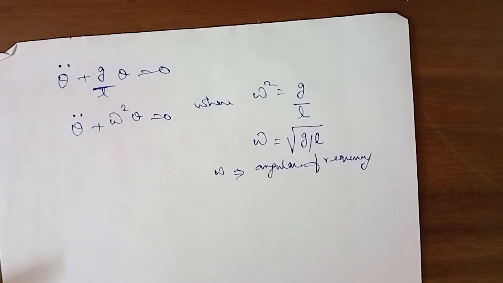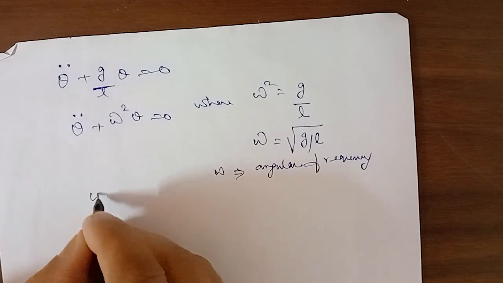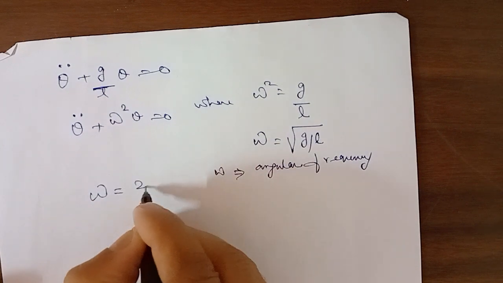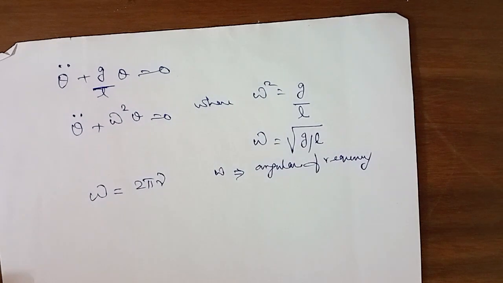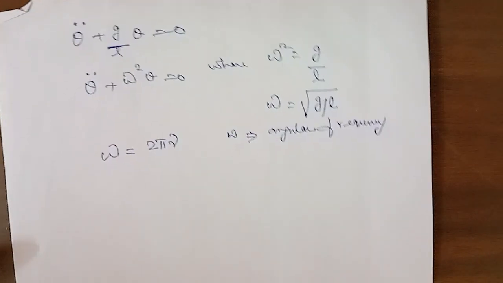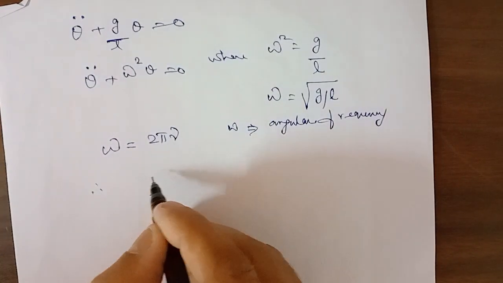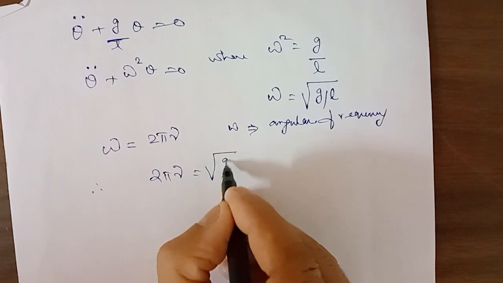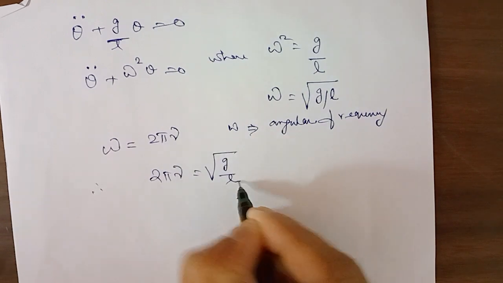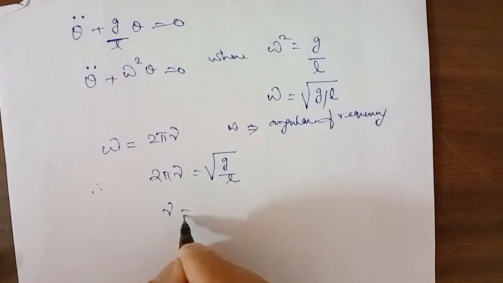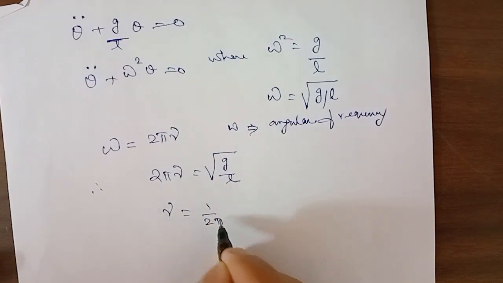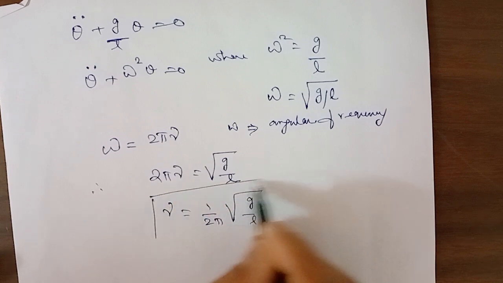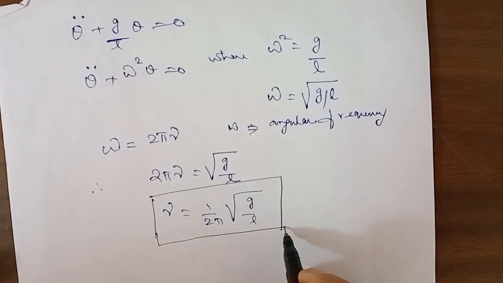We already know omega is equal to 2 pi nu. Therefore 2 pi nu is equal to root of g by l, or nu is equal to 1 by 2 pi root of g by l. This is the frequency of a simple pendulum.